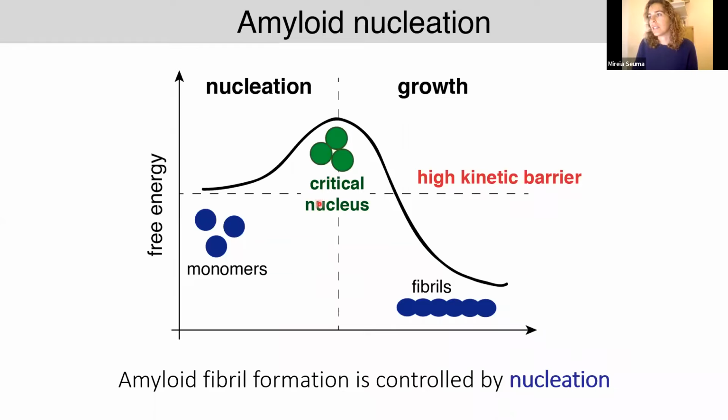Nucleation is the critical step because it requires this high energetic contribution, and it's also an irreversible process, meaning that once it starts, there is no way back. We have all those structures solved at high resolution, but we still don't fully understand the mechanism by which they form. This is because we don't fully understand nucleation.